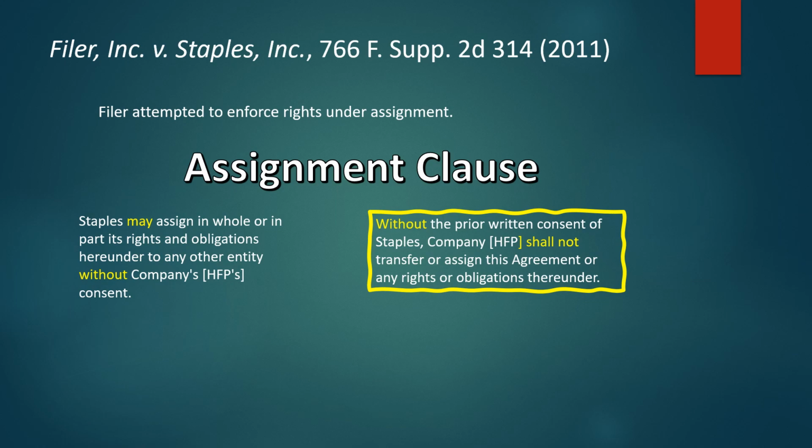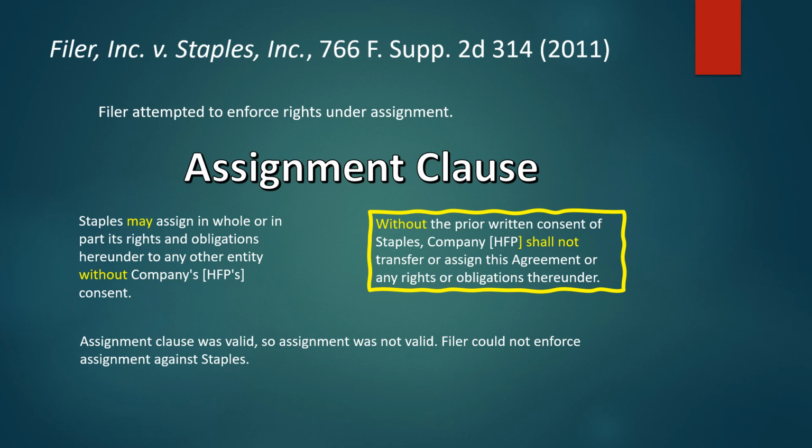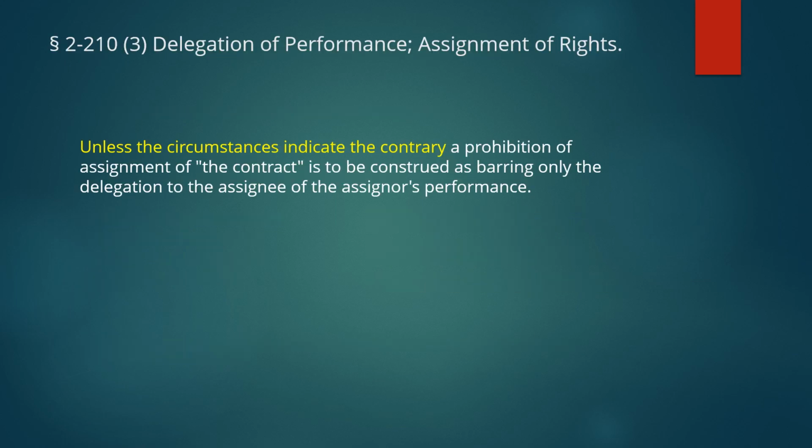And since they didn't have the consent of Staples, the assignment clause in the original contract was valid, saying, hey, we have this clause, it's a valid clause, and so you cannot assign because it says you have to get the consent of Staples.